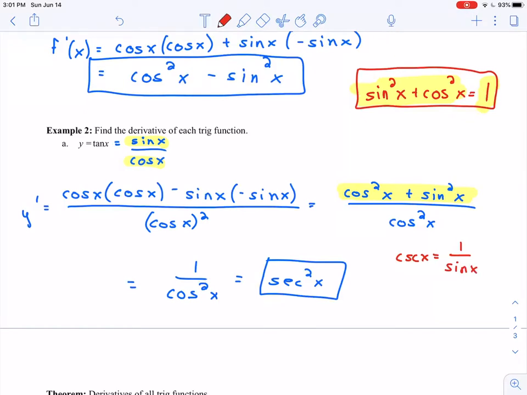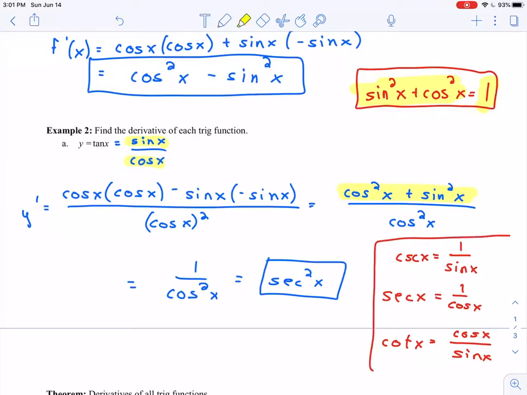And then I can use the quotient rule on that right-hand side. I know that the function secant of x is really just 1 over cosine of x. And I can use the quotient rule on that right-hand side. I know that cotangent of x is really cosine of x over sine of x. And then I can, again, use the quotient rule on the right-hand side.